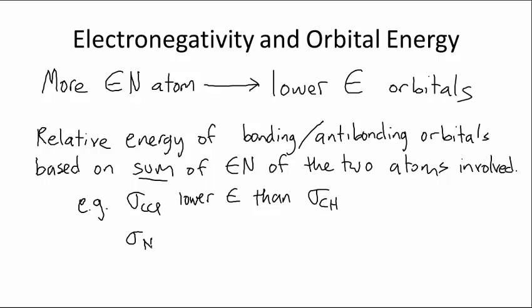Sigma NO would be lower than sigma CN, for example. And that's because oxygen's more electronegative than carbon.